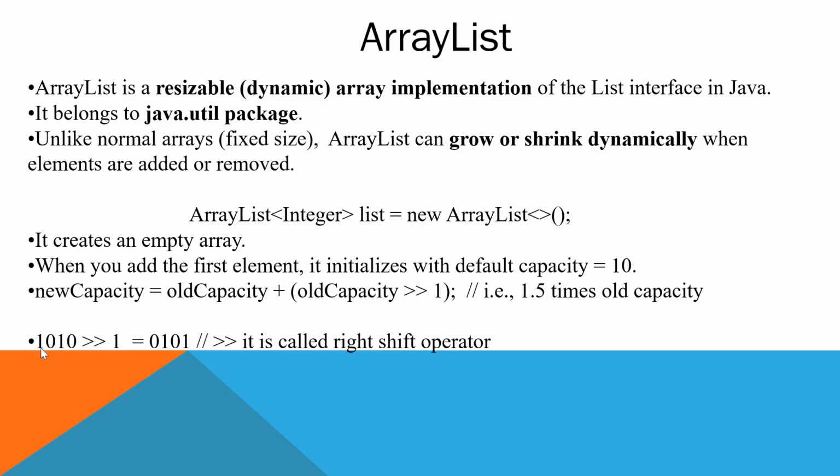So it will calculate the binary of 10, a simple decimal to binary conversion. The binary of 10 will be 1010. Now here it is writing >> 1, which means do a right shift by 1 digit. When we do a right shift, the last 0 will shift out on the right and the other digits will move to the right.